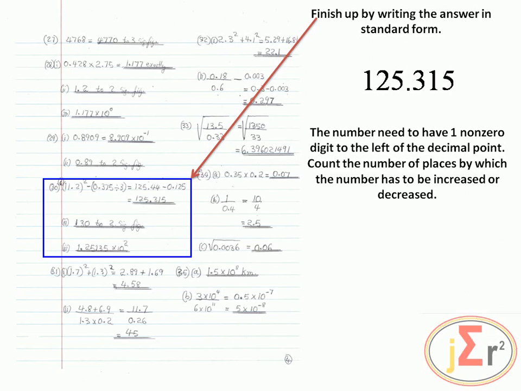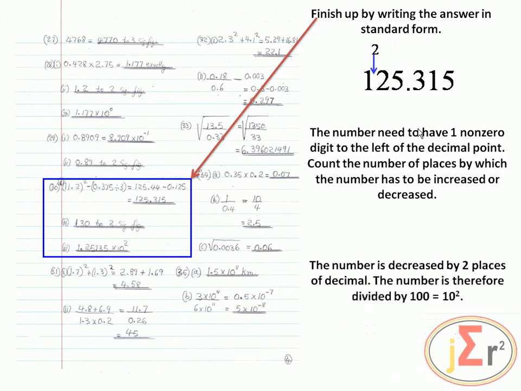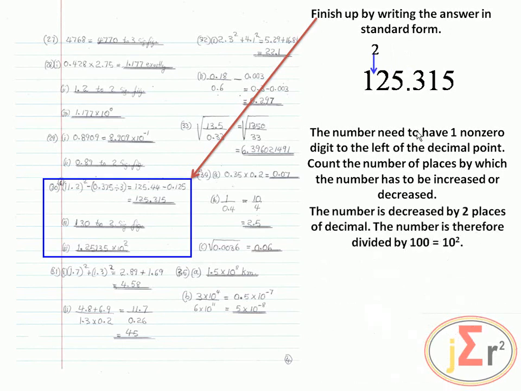So in the result, we will have the decimal point being located right here, its relative position. 0 movement, then we have 1, 2 places of decimal away. The number is decreased by 2 places of decimal. The number is therefore divided by 100, which is equal to 10 to the power of 2.